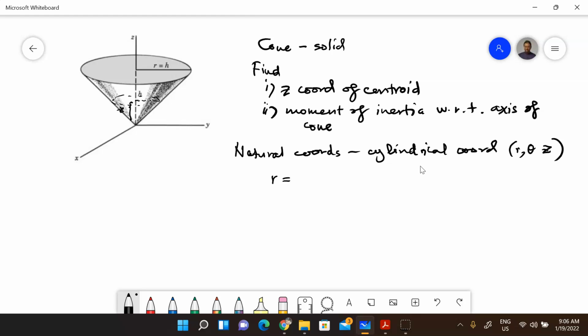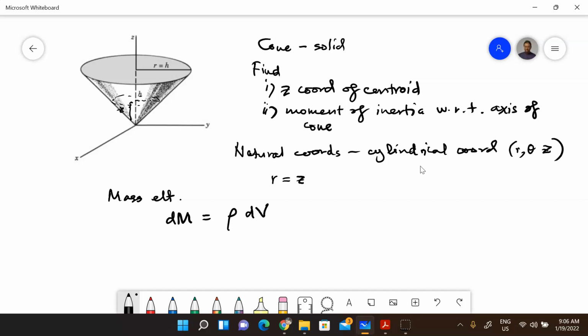So here your r will be your z coordinate. So let's consider what the mass element is in this particular case. The mass element, usually denoted as dm, will be given by the density times the volume element.